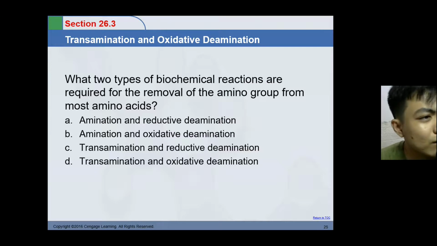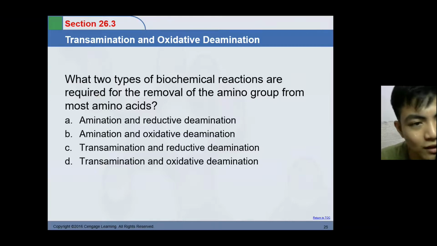Next question. What two types of biochemical reactions are required for the removal of amino group from most amino acid? Okay? So, ano daw yung mga biochemical reaction na ginagamit natin pang-tanggal or panglipat ng ammonia, ng amino group from our amino acid.